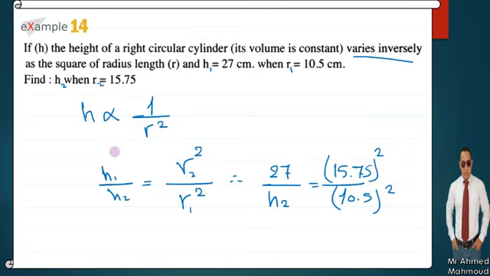Then h2 equals 27 times 10.5 to the power of 2 over 15.75 to the power of 2 equals 12, and the height here is in centimeters.